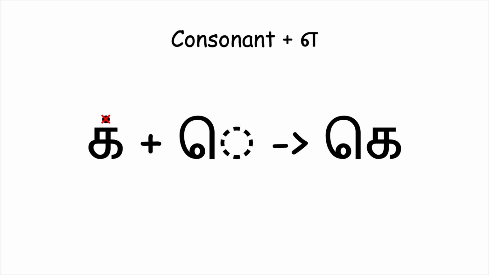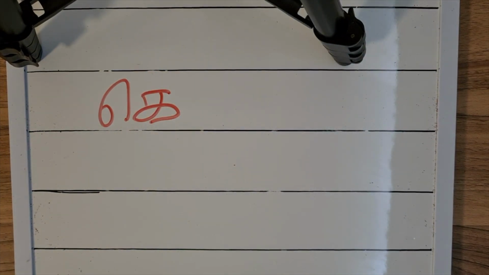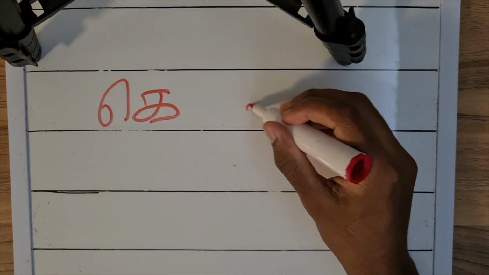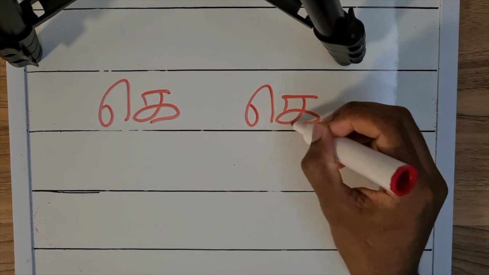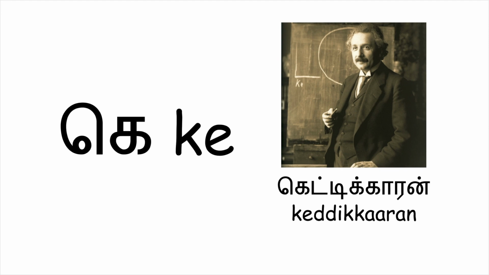Let me show you how to write ke. An example word that starts with ke is kettikaran, which means smart man.